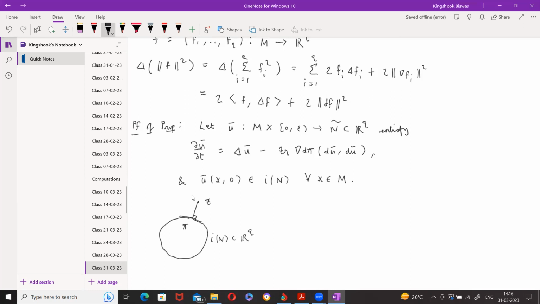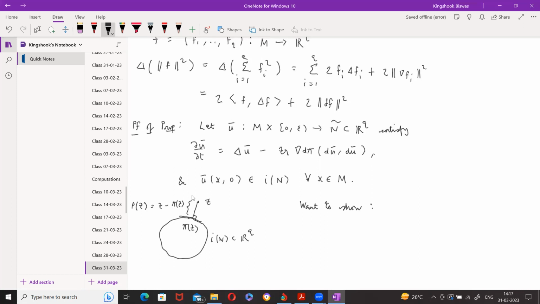This was the nearest point projection, pi of Z. And this perpendicular vector, we called rho of Z. This rho of Z was Z minus pi of Z. So what we want to show is that u bar belongs to I of N. A point Z belongs to I of N if and only if rho of Z is 0.